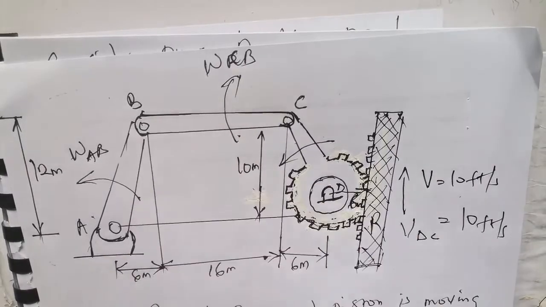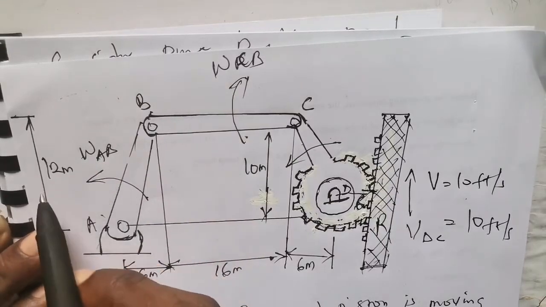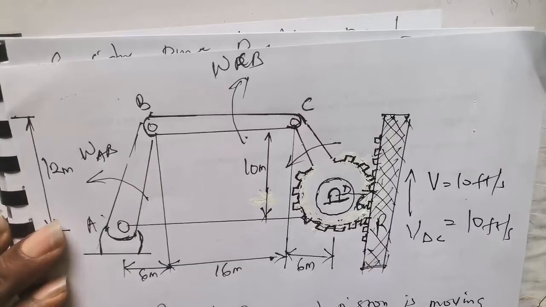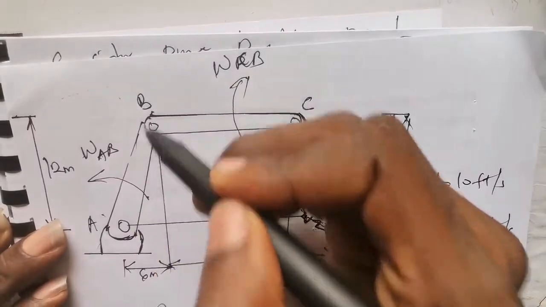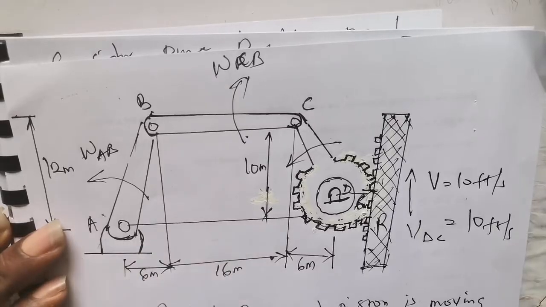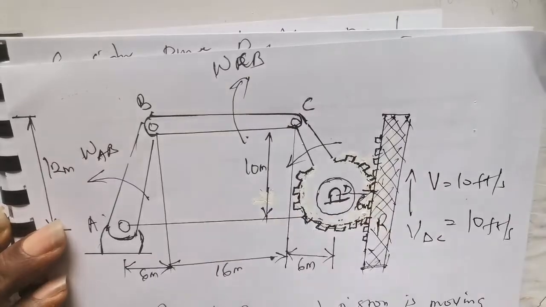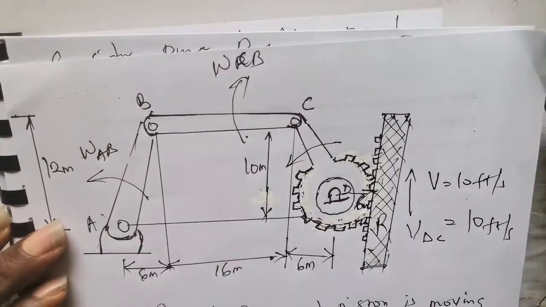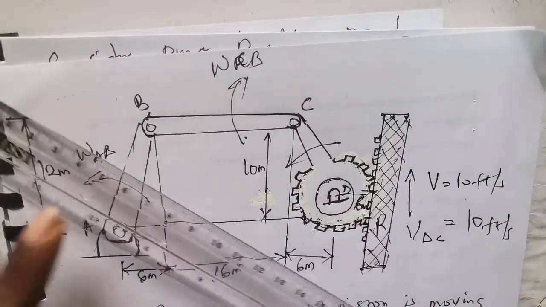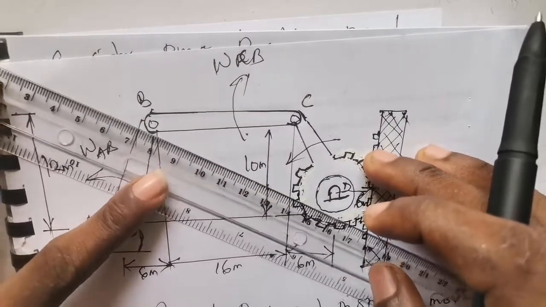Draw out the free body diagram of arm AB. Recall that if the motion of point A is moving in the anti-clockwise direction, there is bound to be a velocity at the other free end which also moves in the direction of motion, and this velocity must be at 90 degrees to the arm. So arm AB is this. Now we have a velocity which moves at 90 degrees in the same direction as the direction of motion.